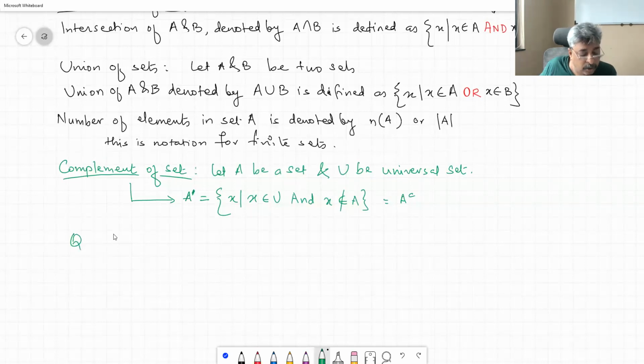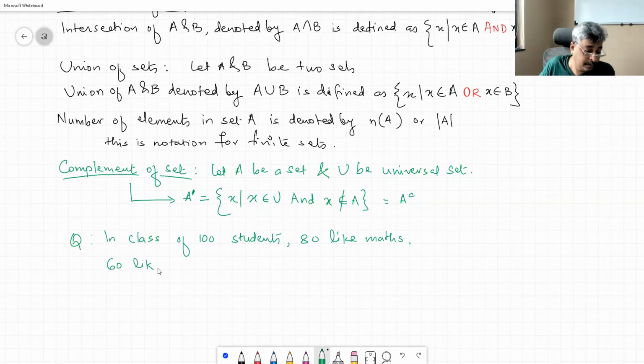In a class of 100 students, 80 like math, 60 like physics.